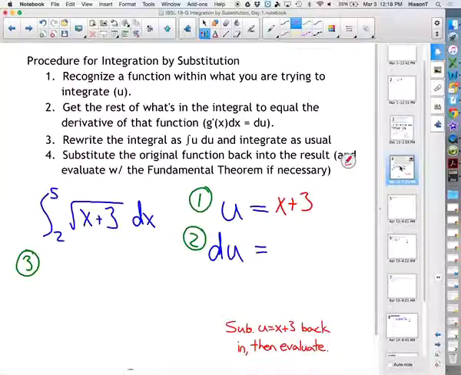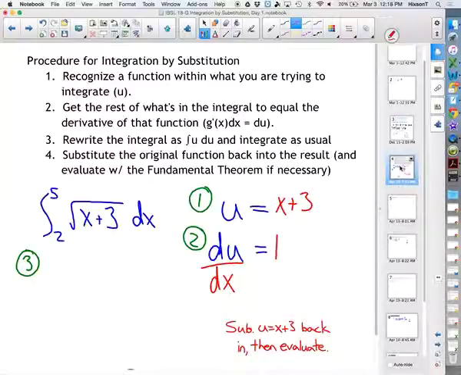Now, what is the derivative of u? Well, the derivative of u with respect to x is what? Come on. What's the derivative of u with respect to x? 1. Okay.